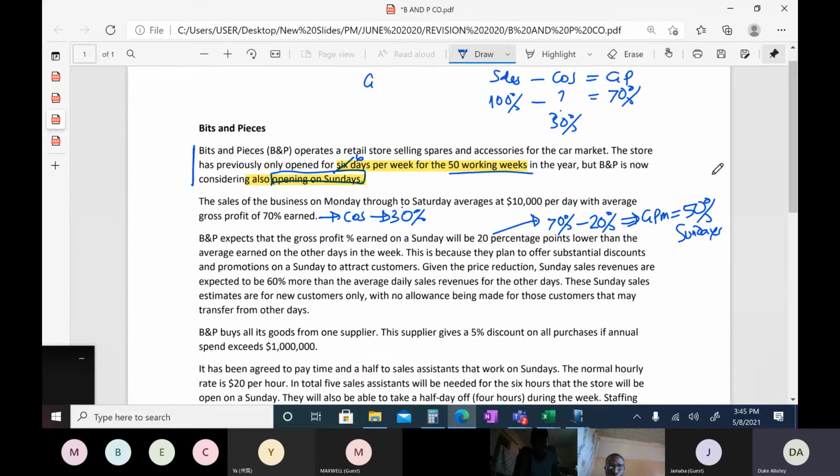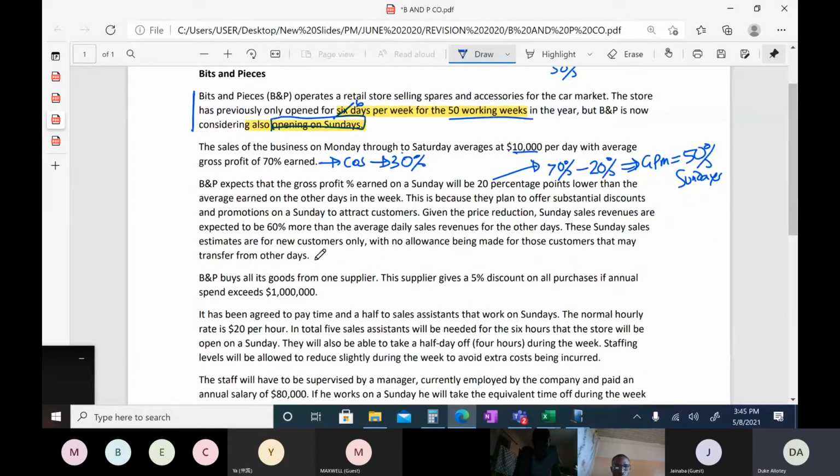Okay, and it says the sales come to this, 10,000 per day. Now, then they said that this is because they plan to offer substantial discounts and promotions on a Sunday to attract customers.